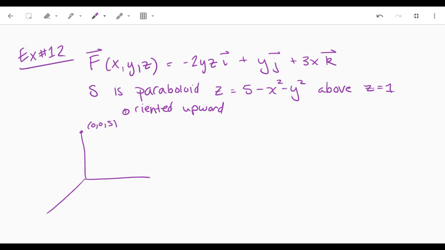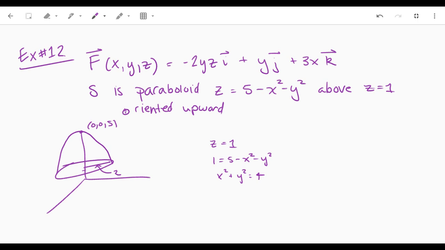And then when z equals 1, which is the plane, that is the base of this paraboloid, we'd have 1 equals 5 minus x squared minus y squared, or x squared plus y squared equals 4. So we'd have a circle with a radius of 2. Okay, so this is your paraboloid, and that radius would be 2.